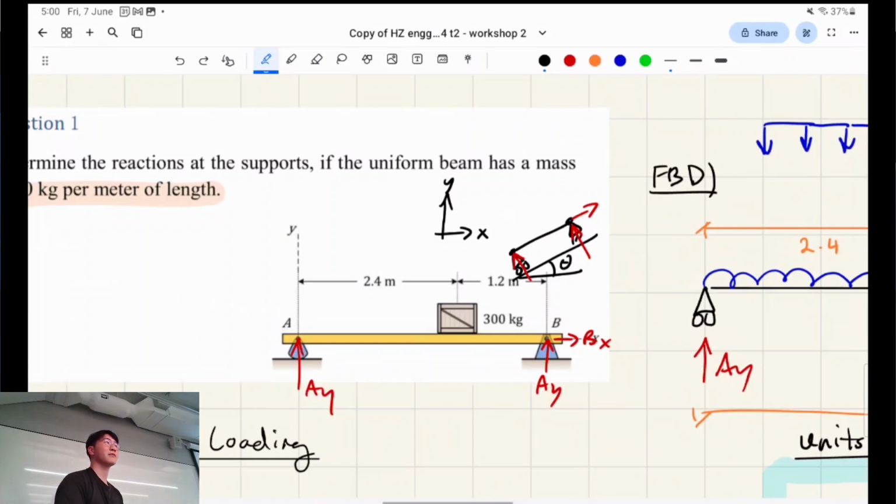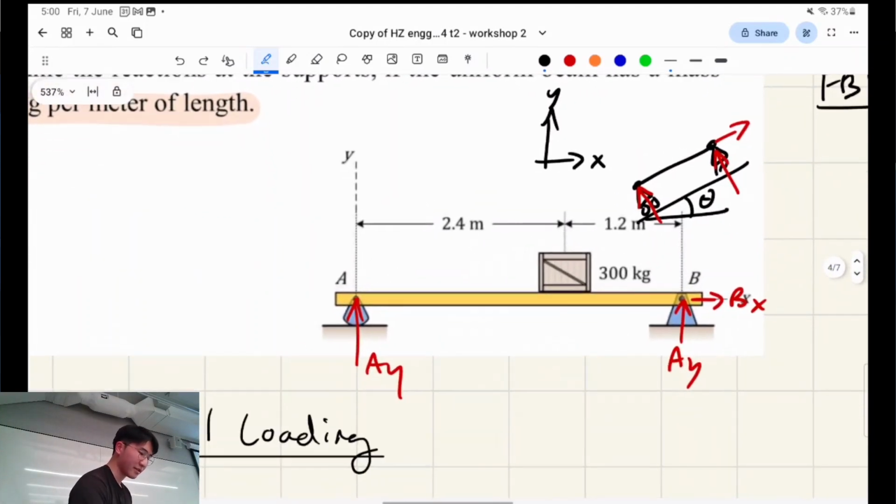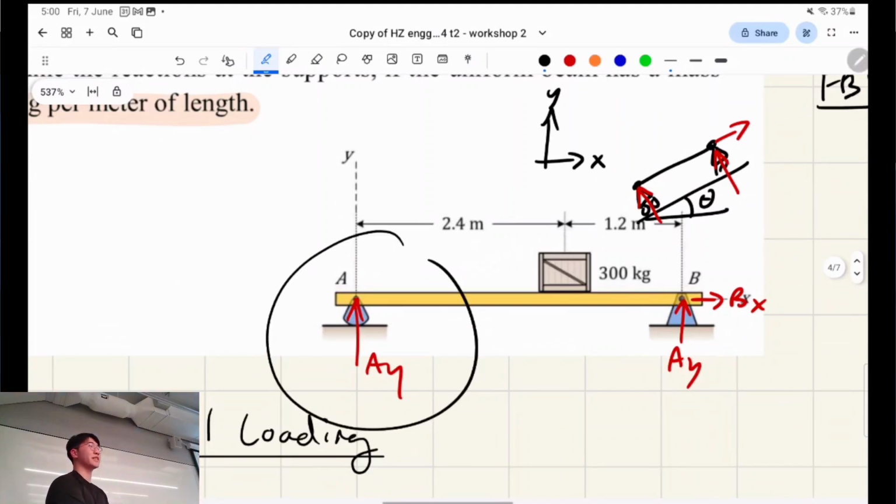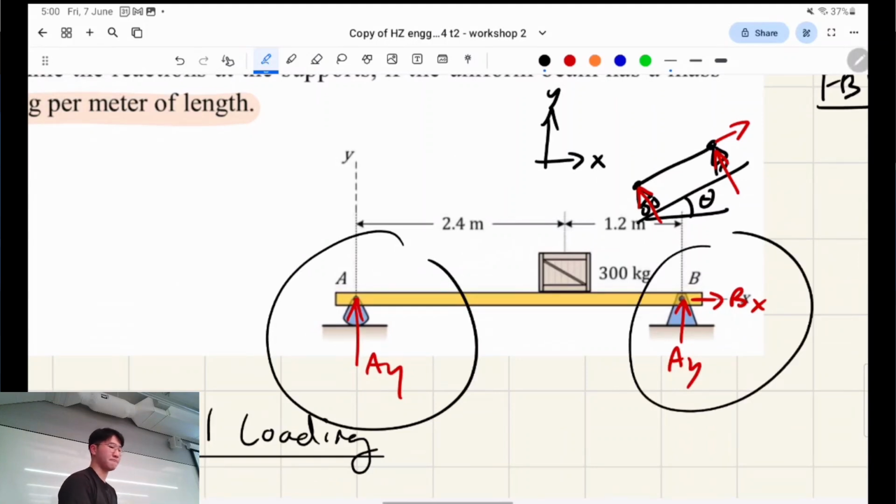So conventionally, for the unknown vertical force, we just pretend that it's going upwards, and for the horizontal force, we pretend that it's going to the right.